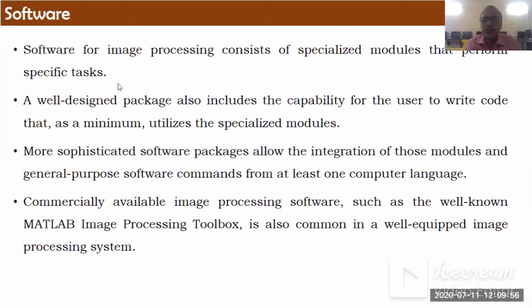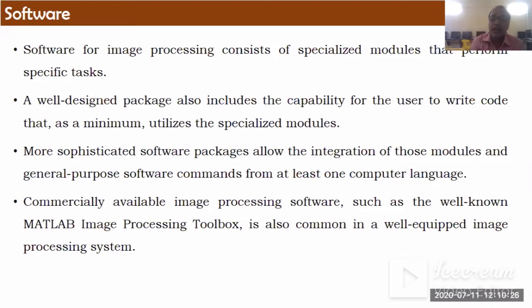Software for image processing consists of specific modules with specific functions that perform specific tasks. For example, in Scilab we use the imread function to read the image, or the rgb2gray function. These functions are used by using the software.